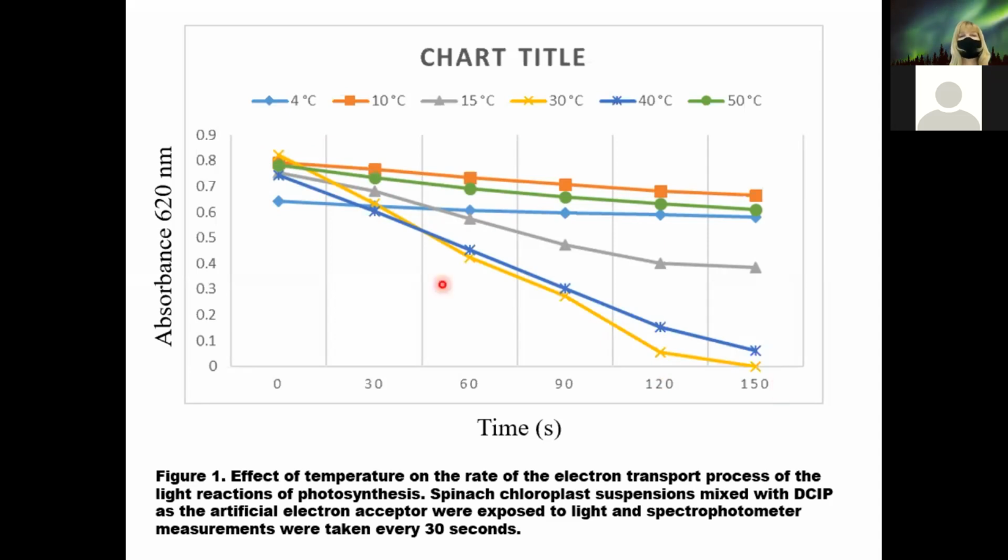The color went all the way colorless. On the other hand, you see this orange line at 10 degrees Celsius, and then the 4 degrees Celsius. See how shallow that slope is? It's like barely doing anything. DCIP is staying pretty blue, which means you don't have a lot of DCIP getting reduced to go colorless. So you're slowing down the rate of photosynthesis.